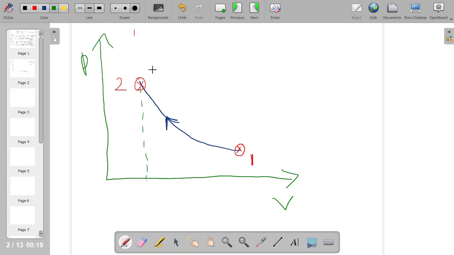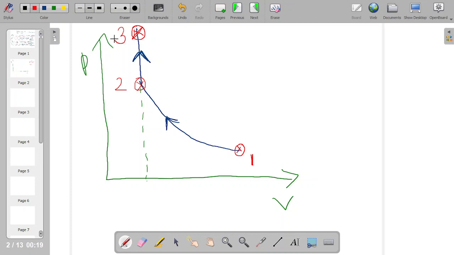So that will be a vertical line. So our 2 to 3 will be like this. This is our 2 to 3. So our 3 will be at a very high pressure and temperature. So this is our 3.